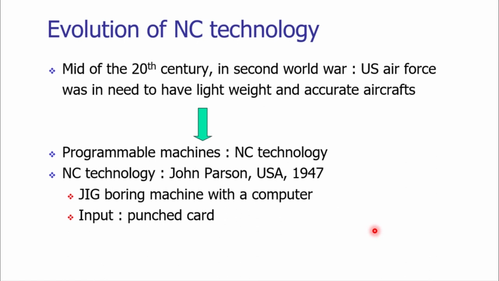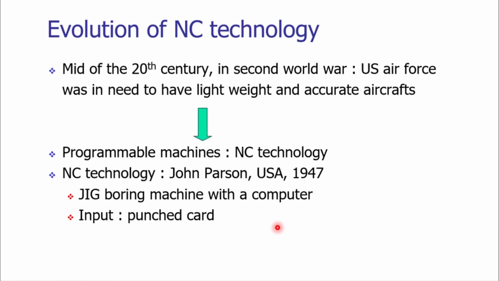John Parsons is considered the pioneer engineer who developed the NC technology. Initially, he used the NC technology for a jig boring machine with a computer, and the input was the punch card system. But the problem with punch cards is that even for a very small program, the punch card length used to be in meters, and storage was very difficult.